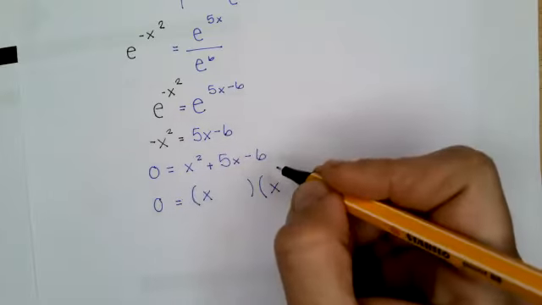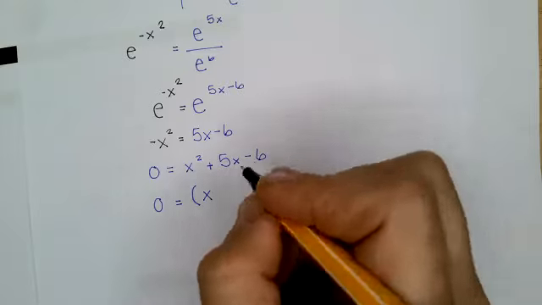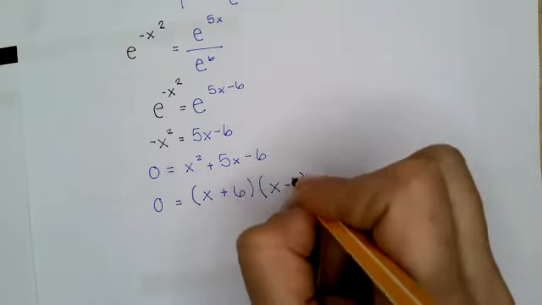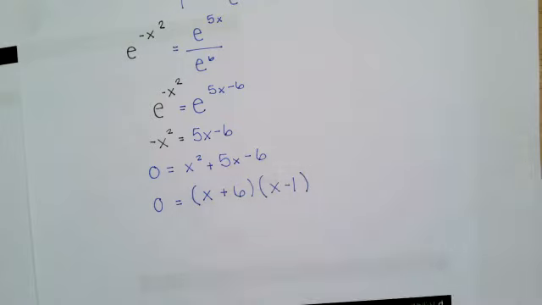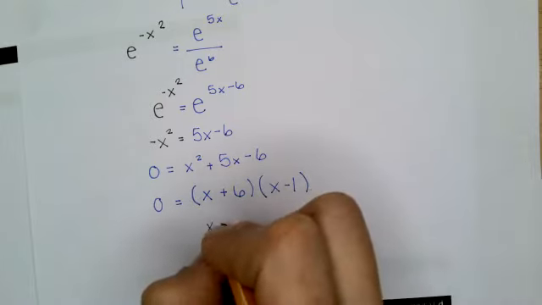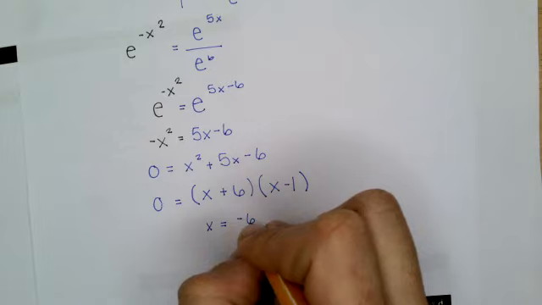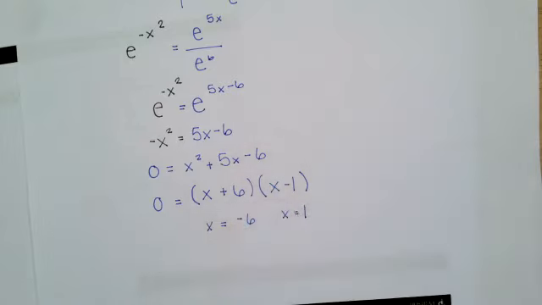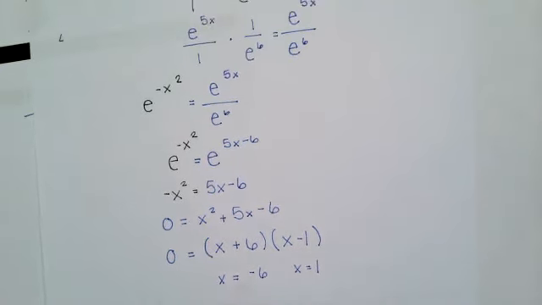And I want it to multiply to negative 6, but add to 5. So I can just say it is x plus 6, x minus 1, right? My two answers are x is negative 6 and x is positive 1, right?